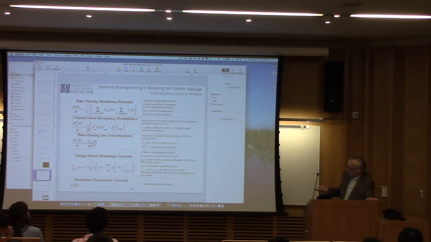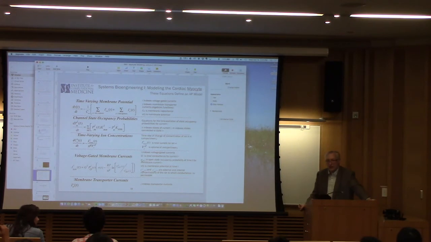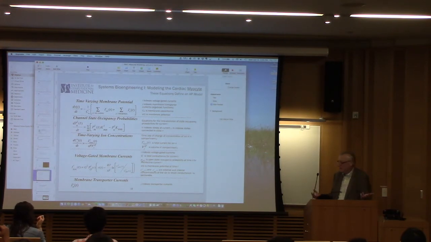That current depends on the ion concentrations to which that channel is permeable through the Nernst equilibrium potential. And then we have currents through the various membrane transporters, and we worked through the formulation of algebraic equations that describe those currents. So these are the basic parts of every computational model of a myocyte.